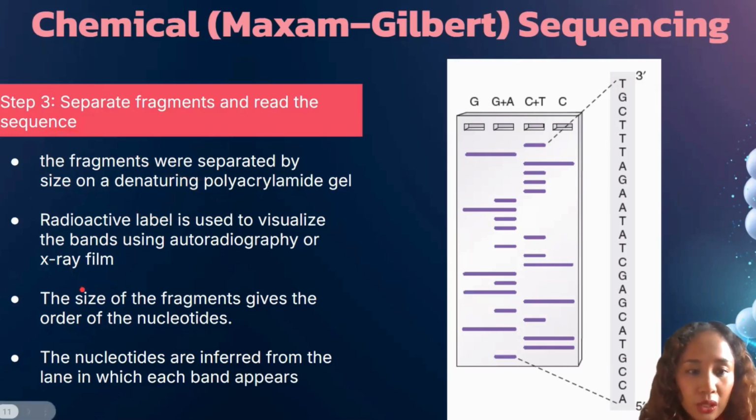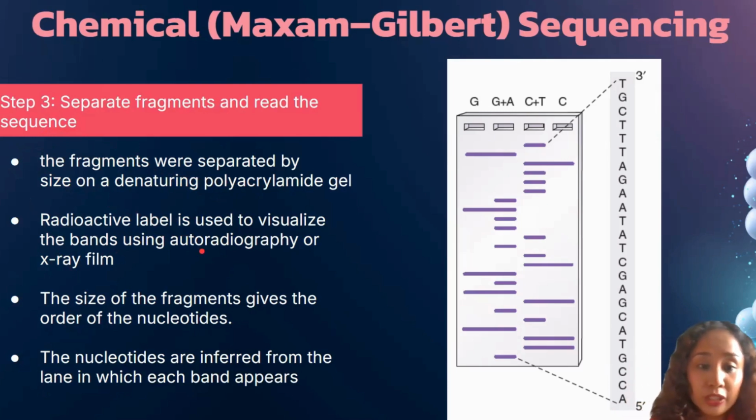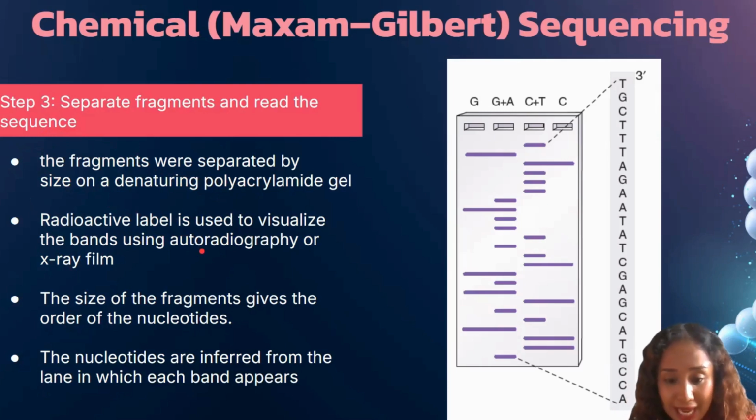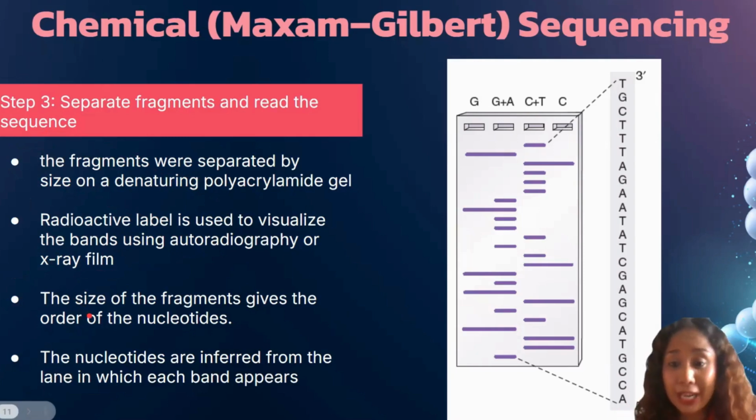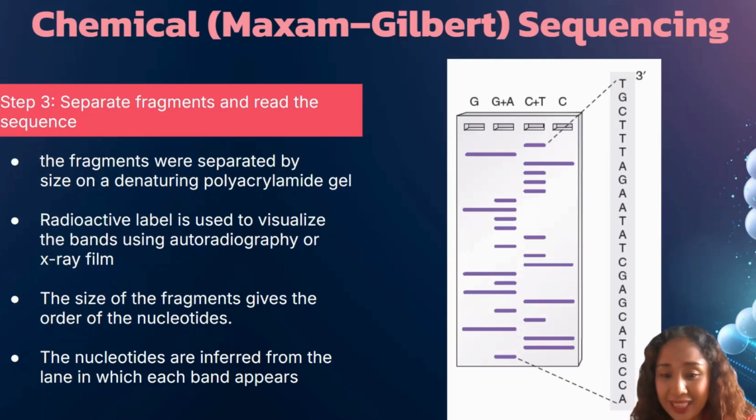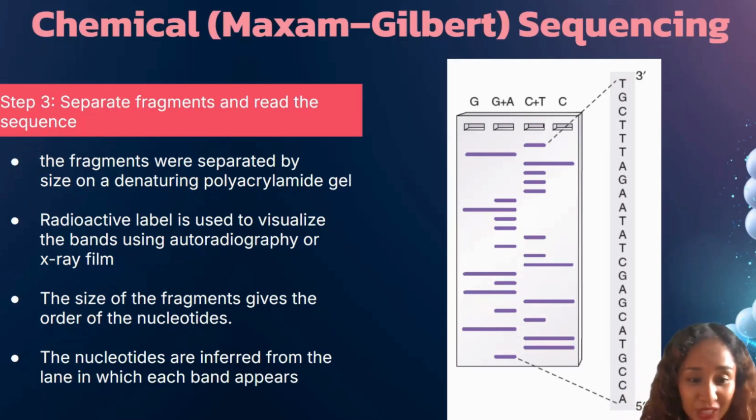The radioactive label will be seen using radiography or X-ray film. The size of the fragments will indicate the order of the nucleotides, so the nucleotides are inferred from the lane in which each band appears.